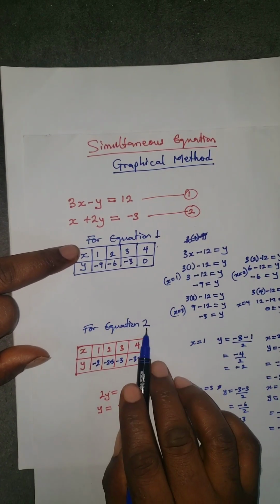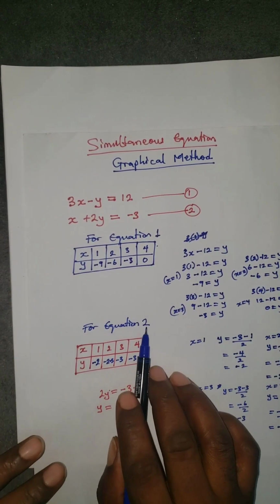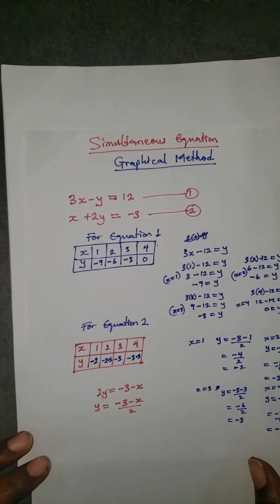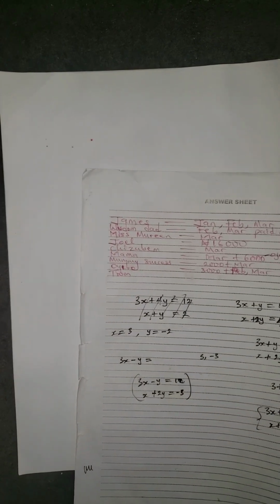But in this next method, we don't need to do this table of values. All we need to do is find the value of x when y equals 0 and the value of y when x equals 0.